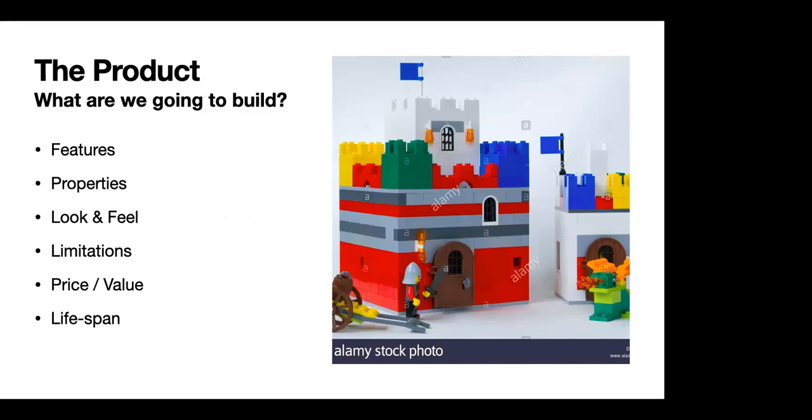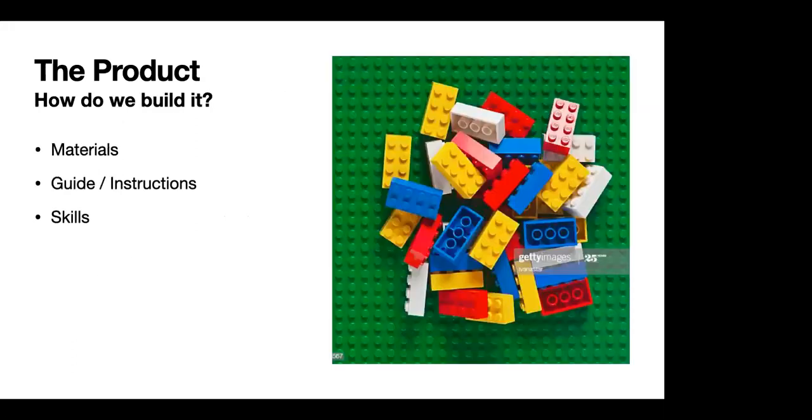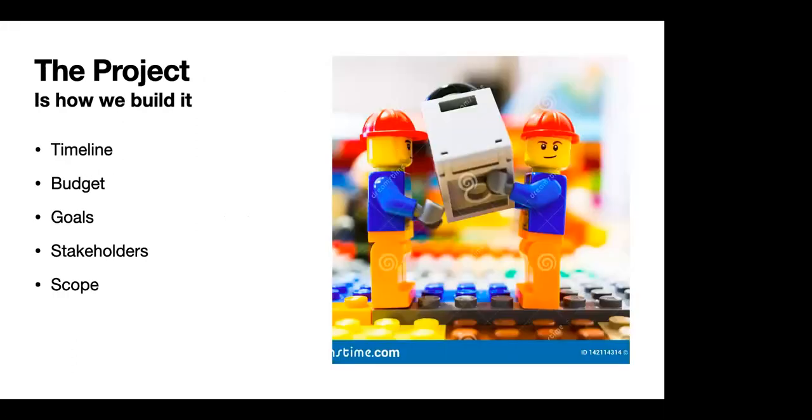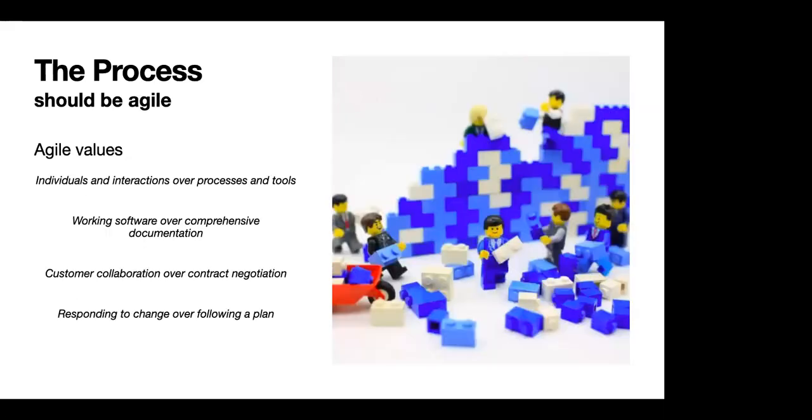So we've made plans based on a particular set of materials and tools, and also timeline and budgets, and some things that we planned had changed. So we need to be able to respond to that change. Okay, that's what agile, that's what this process is all about.